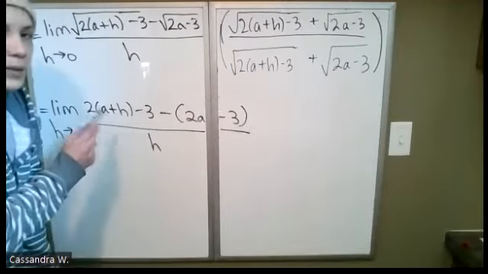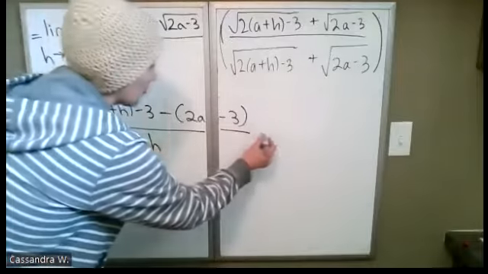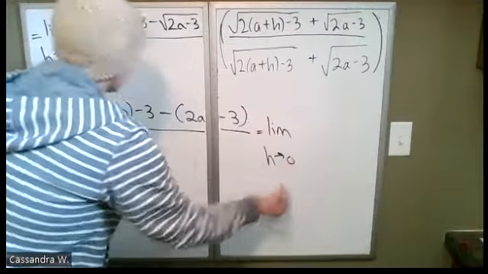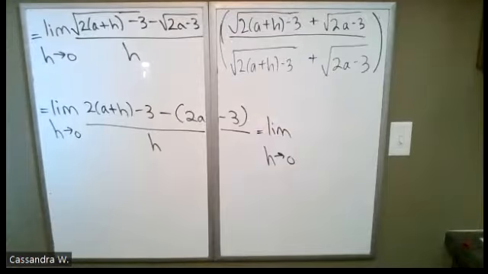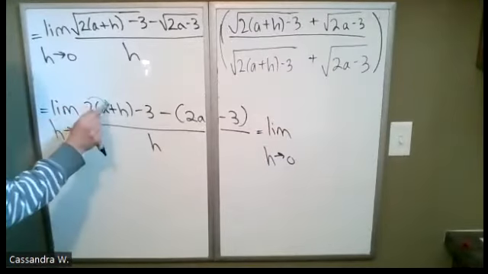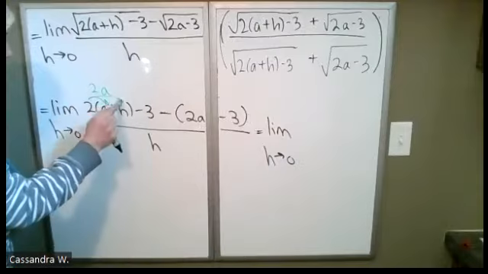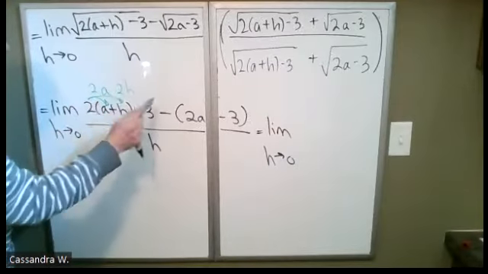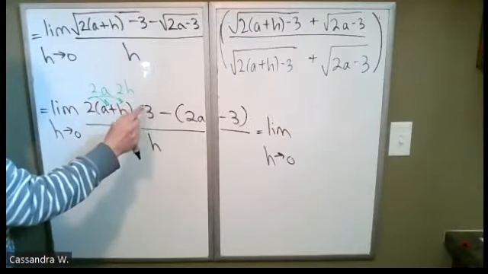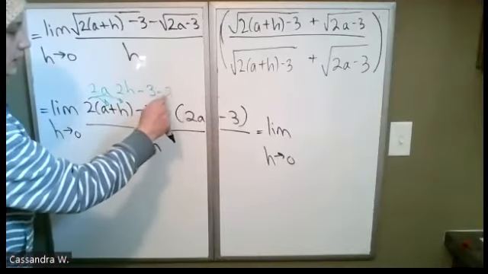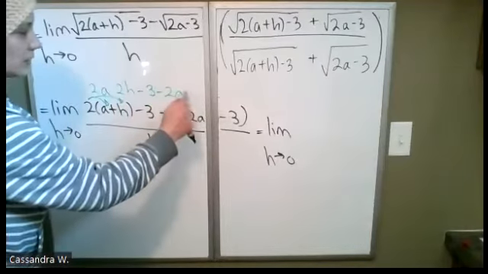Okay, I'm just going to kind of work out this numerator. We've got a 2a, and then a plus 2h, and minus 3, and then minus 2a, and then plus 3.